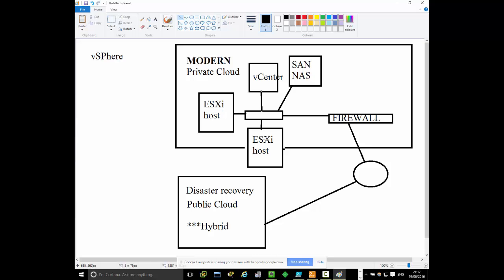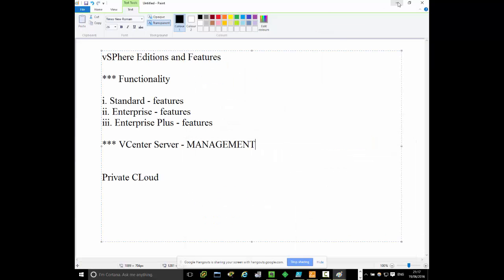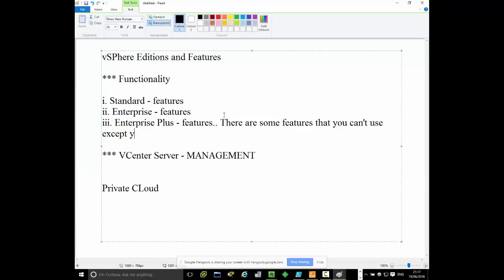But here's the thing: if you buy the Enterprise Plus features, there are some features that you can't use except by managing with vCenter. And it's the same for standard and enterprise features.